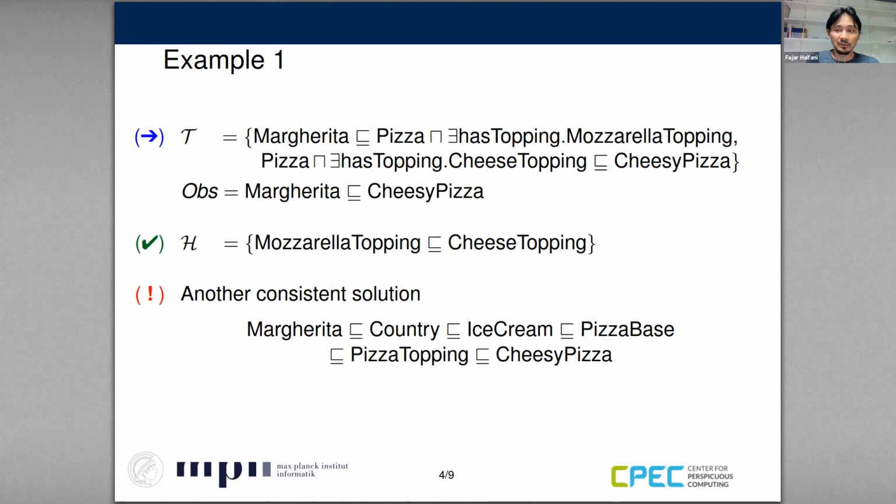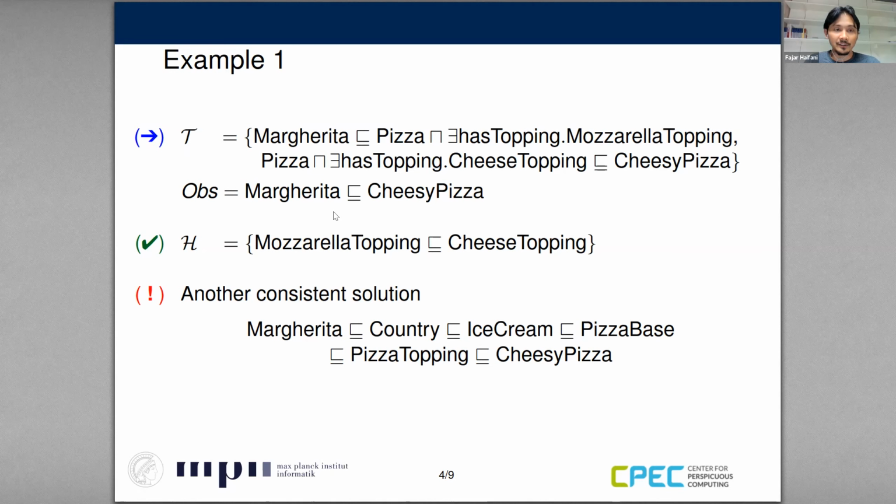To give an example for the minimality, this is also subset minimal: margarita is a country, country is ice cream, ice cream is pizza base, pizza base is pizza topping, and pizza topping is cheesy pizza, which is obviously not making sense at all, right? That's an obvious example.